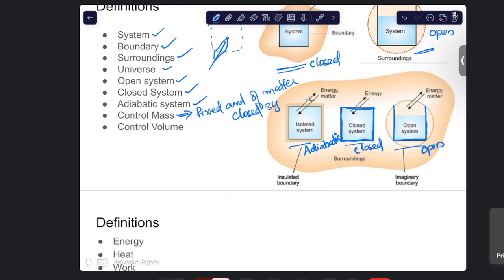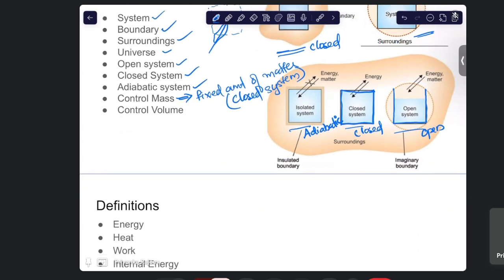Closed system means energy changes can be there, but no matter change. With control mass, you have fixed the amount of matter inside the system. So that is another way of looking at a closed system.